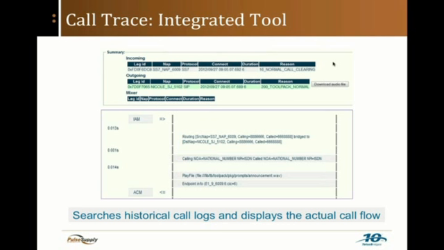One last slide here just to show you one of the troubleshooting tools that are available in TelcoBridges products. This one is called the Call Trace. All of the devices have a historical log of all calls they have handled with the associated signaling.